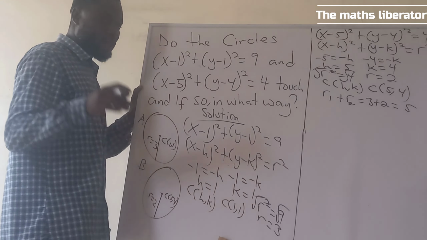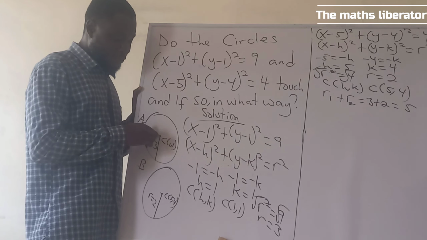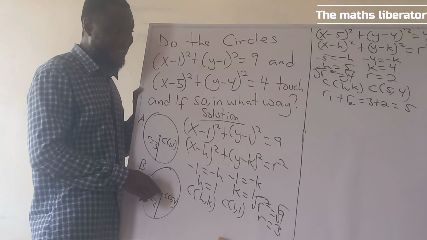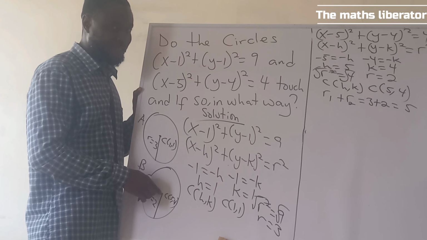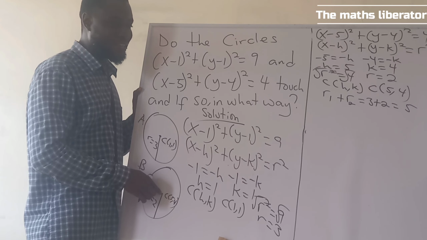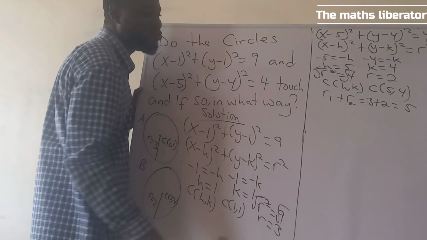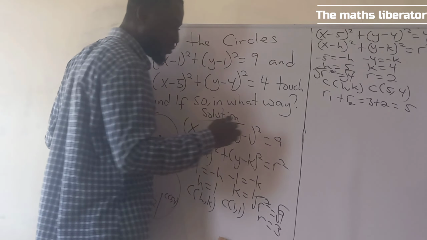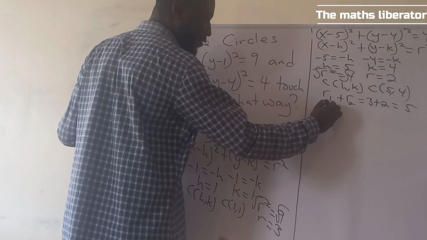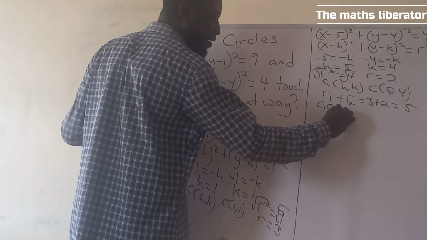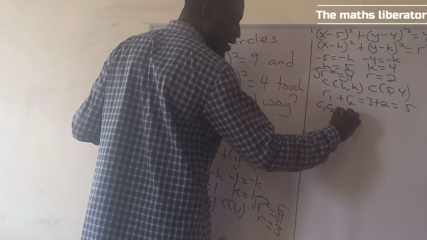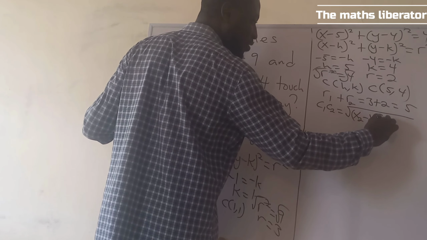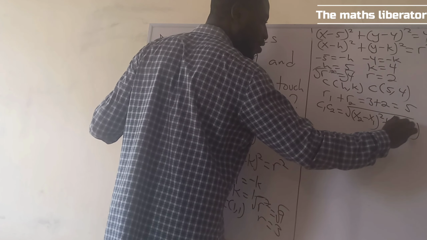After that, you check the distance from the center of the first circle to the center of the second circle. If the distance is the same value as the sum of the two radii, then your circles touch externally. So let's check using the distance formula: the square root of x2 minus x1 all squared plus y2 minus y1 all squared.